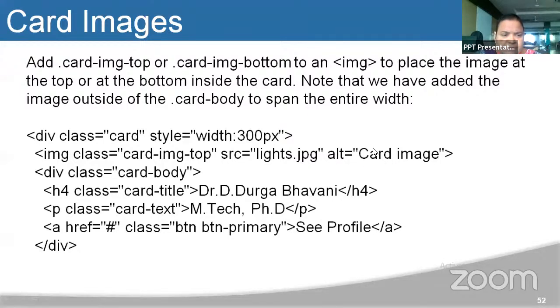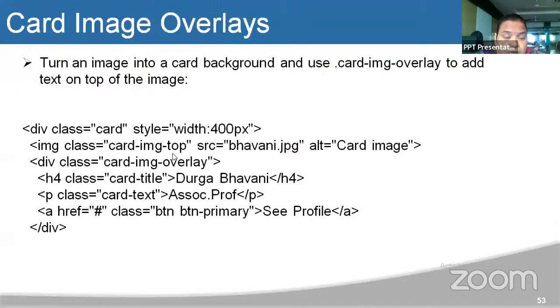All the same, and then the second one, the card body, and in the body you can write some message like this, for example some profile. This is for the top, and this is for the bottom of the image.